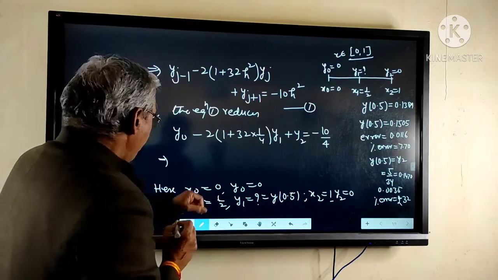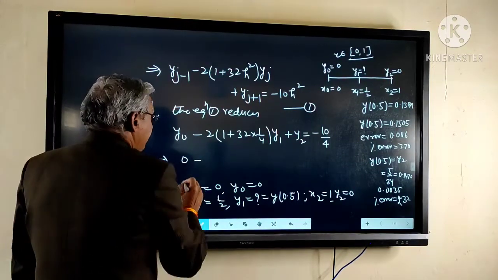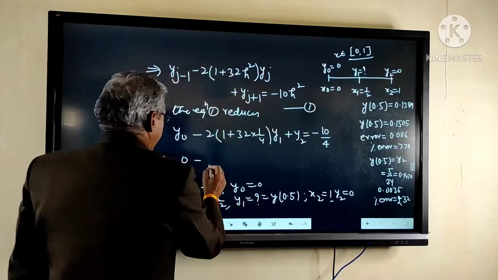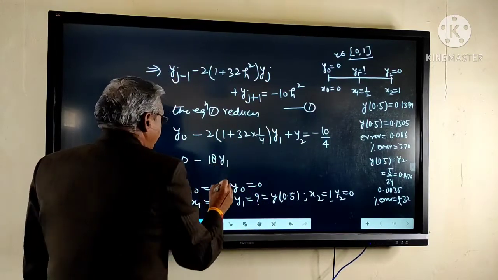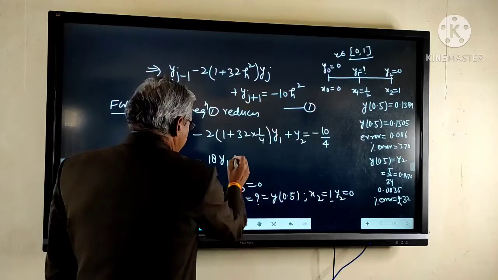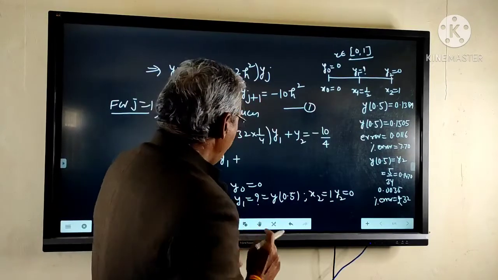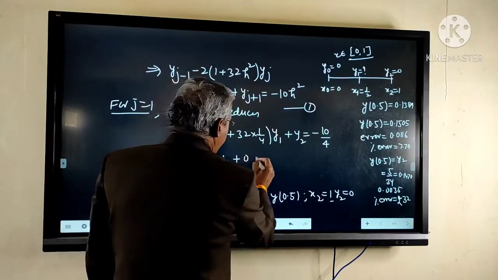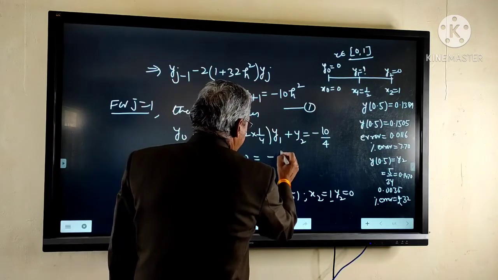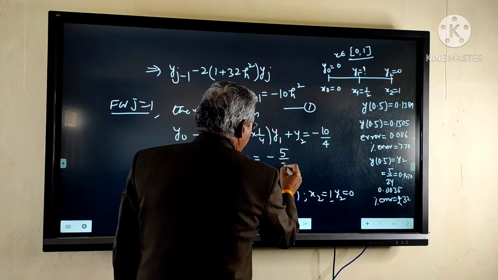Here y0 is 0, minus 18 y1 plus y2, which is also 0, equals to minus 5 upon 2.